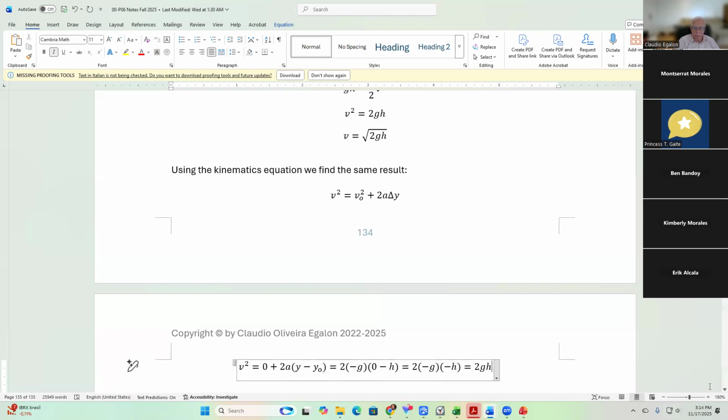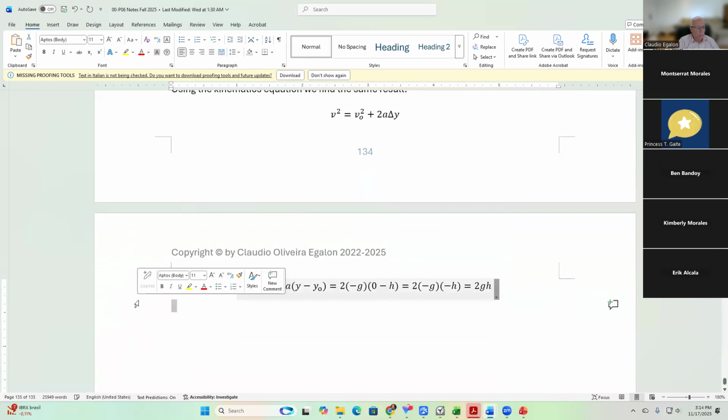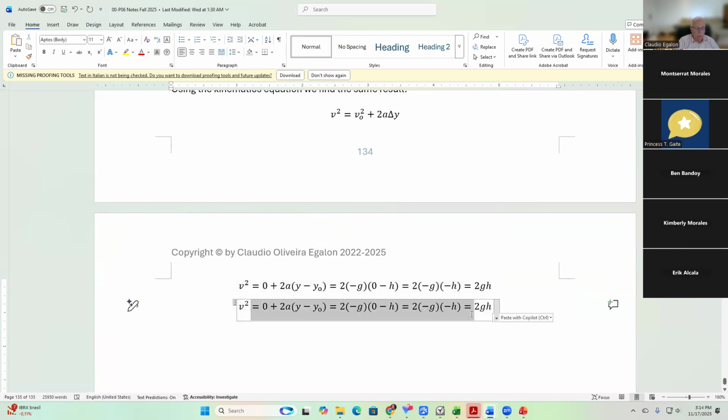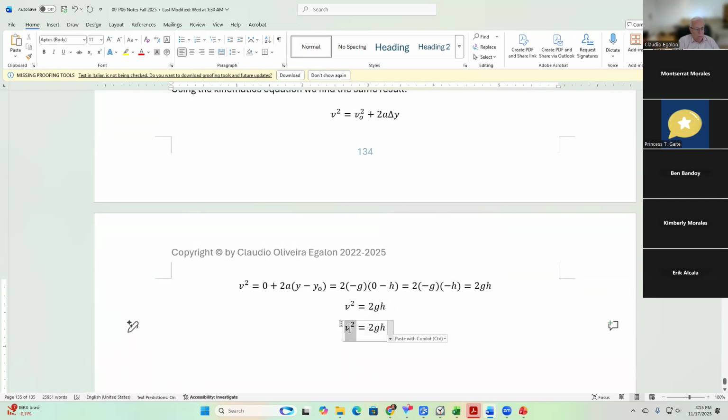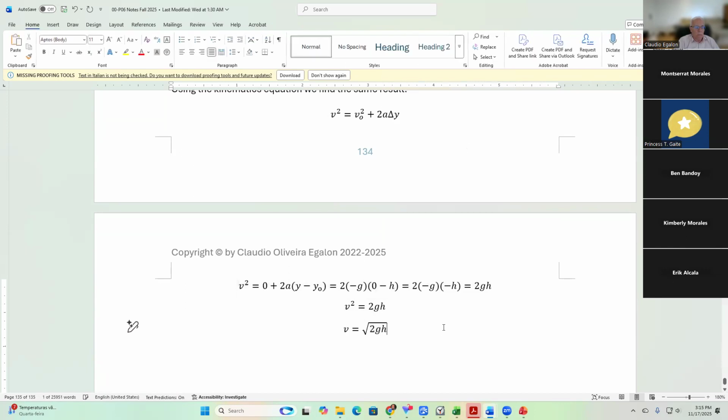And we get exactly the same result we got before. v squared is 2gh. v is equal to the square root of 2gh. Just like we got before using arguments of conservation of energy.